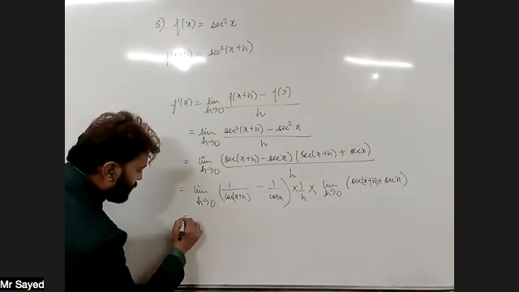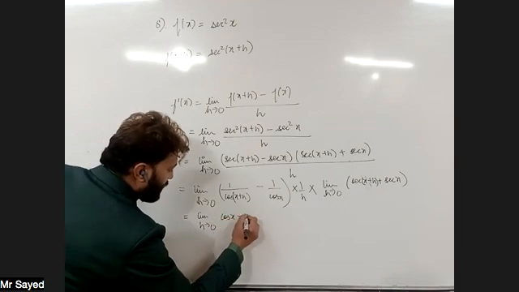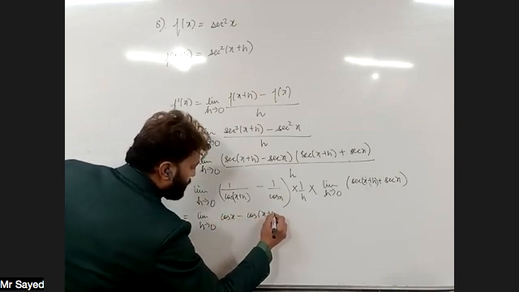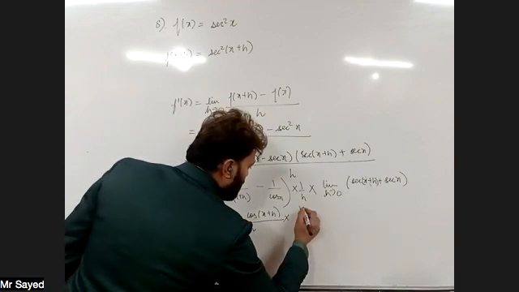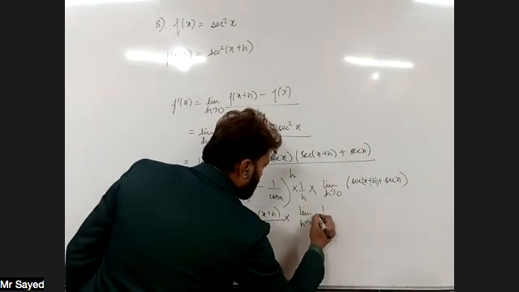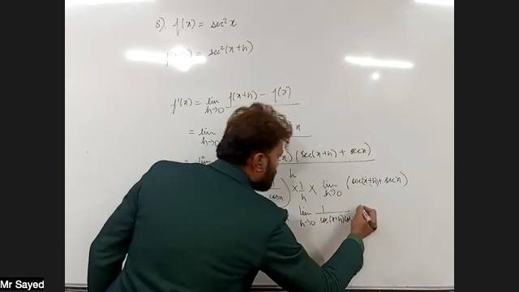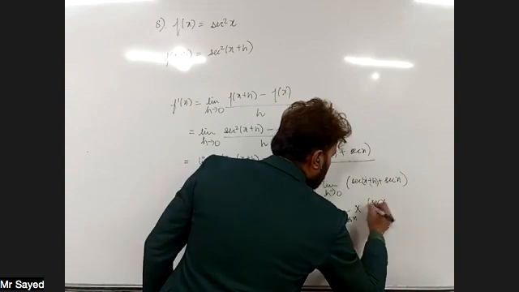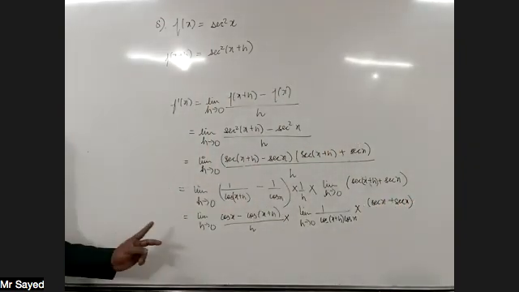Here if we take the LCM, limit h tends to 0 cos x minus cos x plus h whole upon h into limit h tending to 0 1 upon cos x plus h. मैंने यहाँ फ्लिप कर दिया एलसीएम को और यहाँ पर हम लिमिट पुट अप कर देंगे तो sec x plus sec x. I hope this step is clear. दो चेंजेस किए, एलसीएम लिया और फ्लिप.